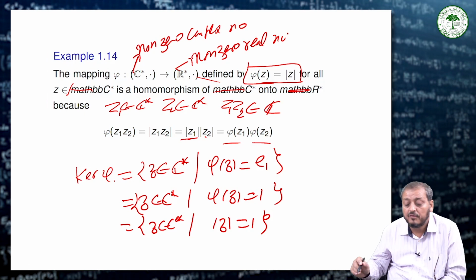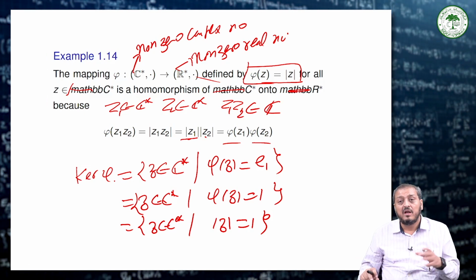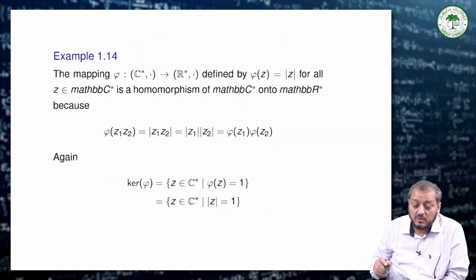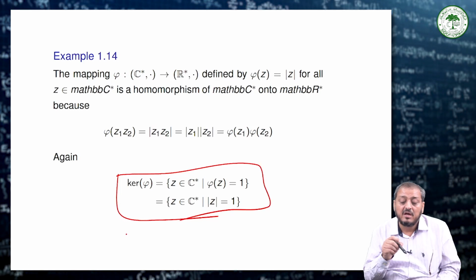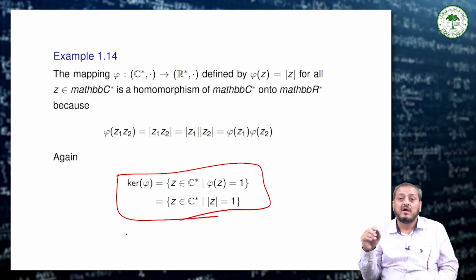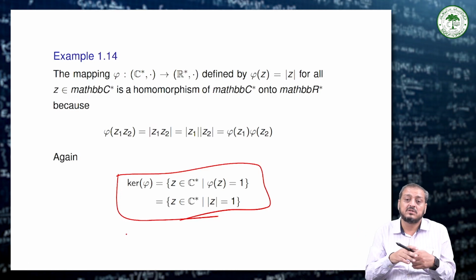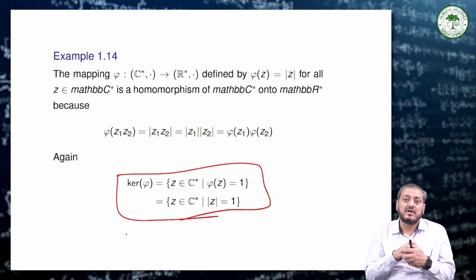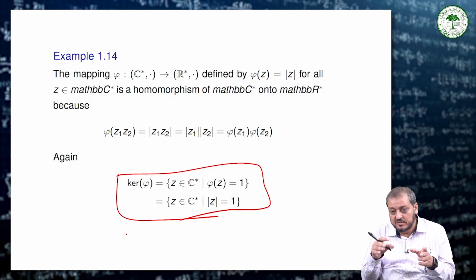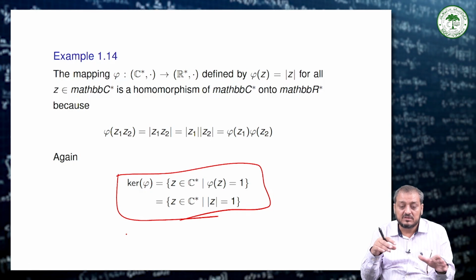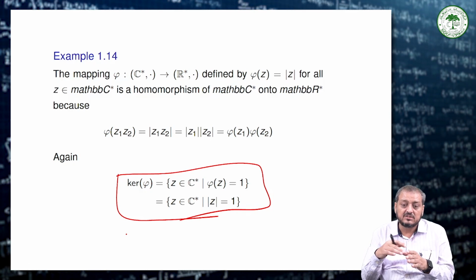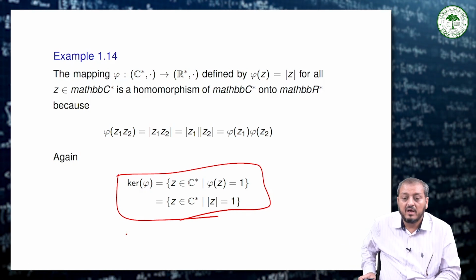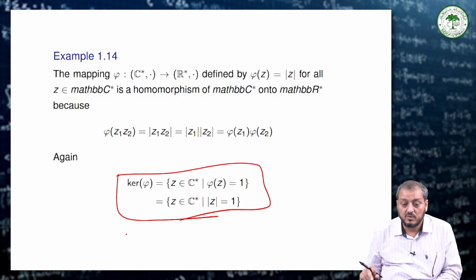So the kernel of phi is only those elements where mod of z is equal to 1.